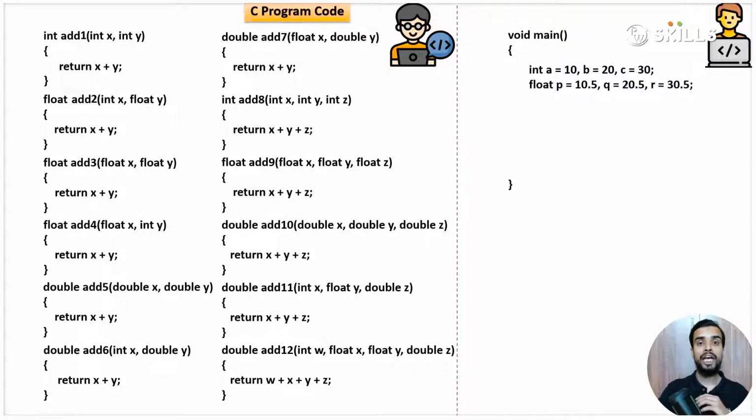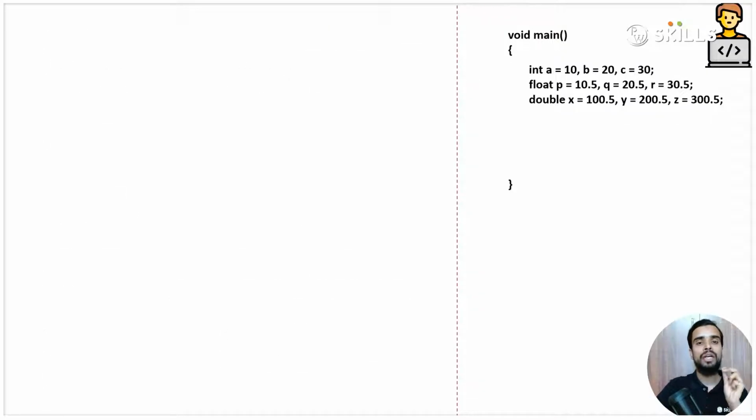And finally, he would also like to create three double type variables like this called x, y, and z. And now finally, the second developer would like to perform the addition operation between one integer value, two floating point values, and one double type value like this.